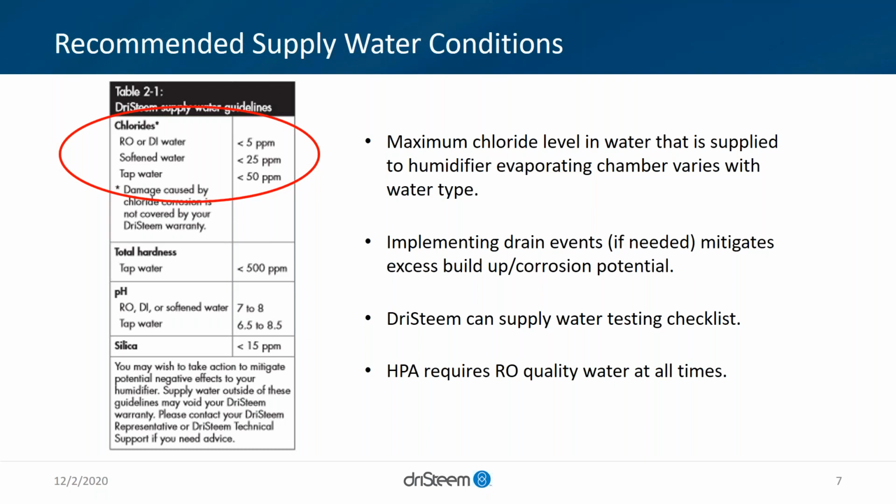And this is something where DriSteem can help, the reps that are on the call and end users, understanding what I need to know to make sure that this RO is going to have a good rejection, etc. So we can supply a testing checklist of what we recommend, along with other people in the industry that do this. This is quite common.